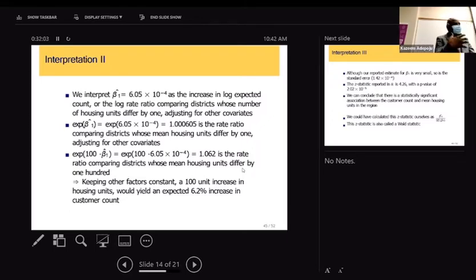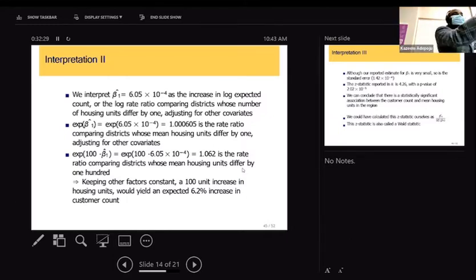Keeping other factors constant, that is, adjusting for other covariates, a 100 unit increase in housing will yield an expected 6.2% increase in customer accounts. That's what we're trying to say: a 6.2% increase in customer accounts if there's a 100 unit increase.